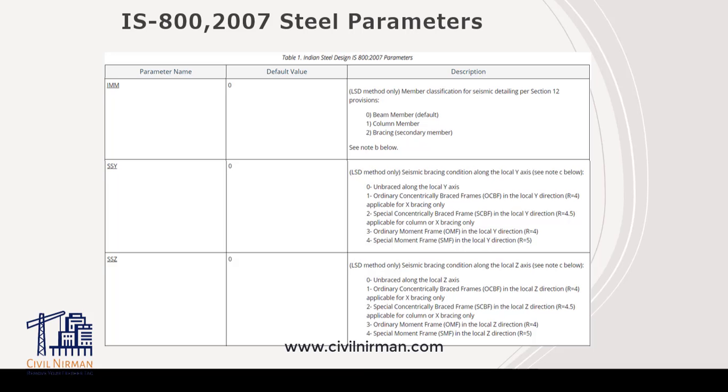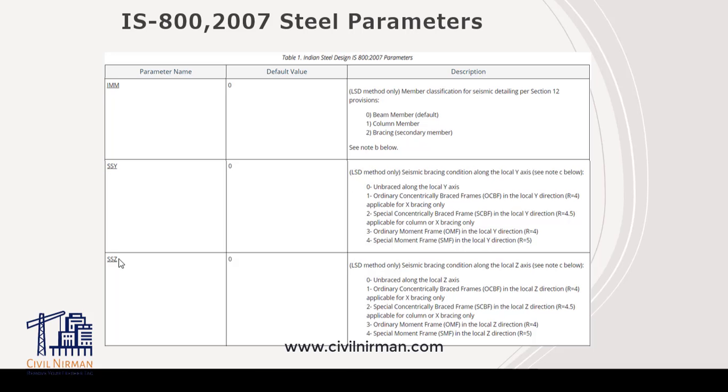So when we are considering X-braces, we have to consider those as bracing members. For those you have to mention parameter 2. For all the column members, you have to define the member as 1. So this IMM for column members will be 1 and 0 for all the beam members.